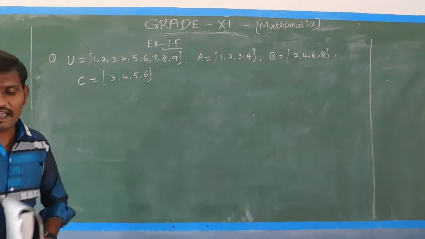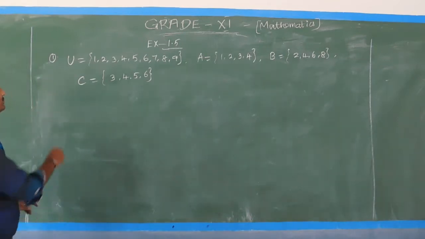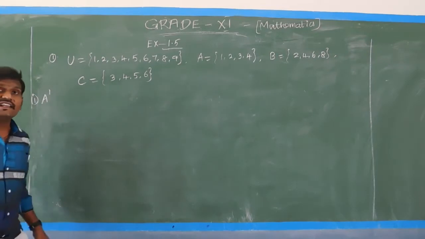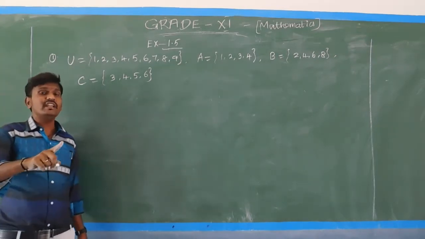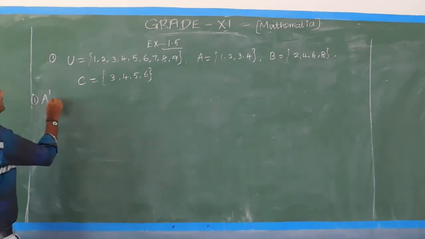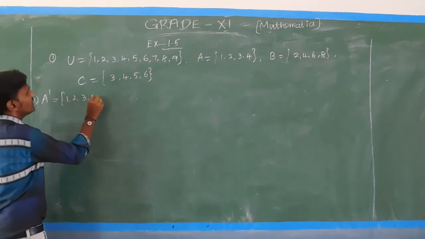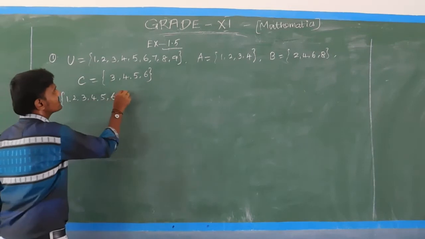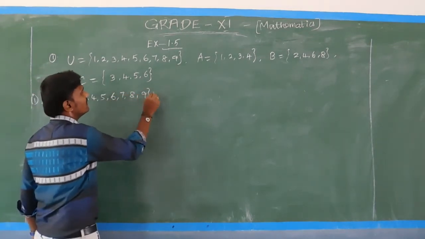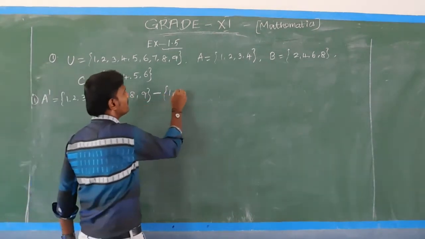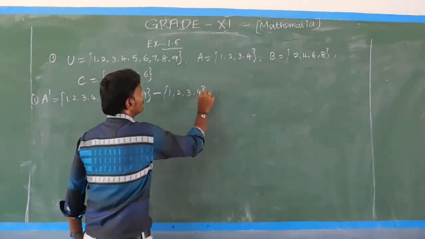First, I want to find A dash. What is A dash? I want to take the difference between the universal set and the set A. The universal set is 1, 2, 3, 4, 5, 6, 7, 8, 9, minus A, whose elements are 1, 2, 3, 4.